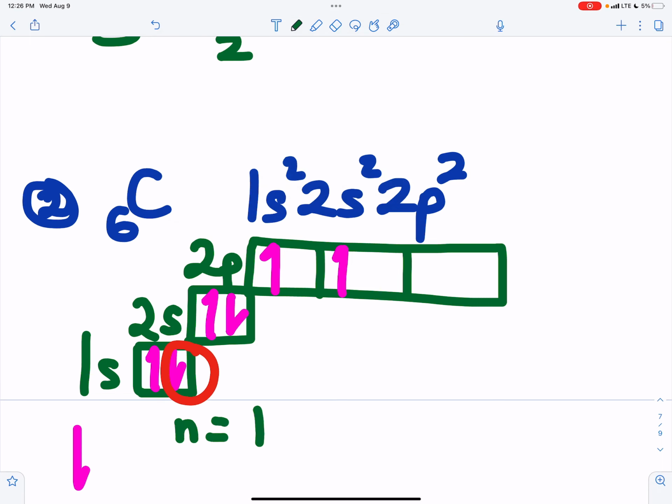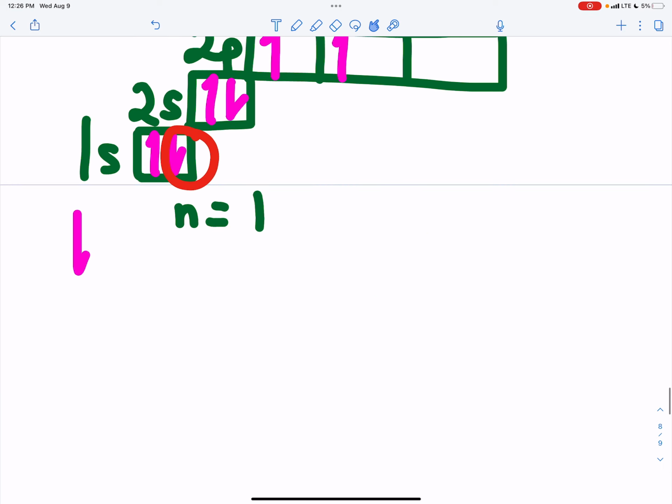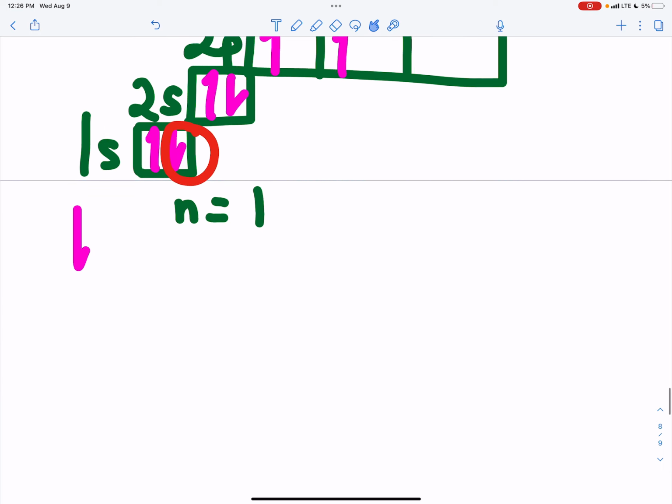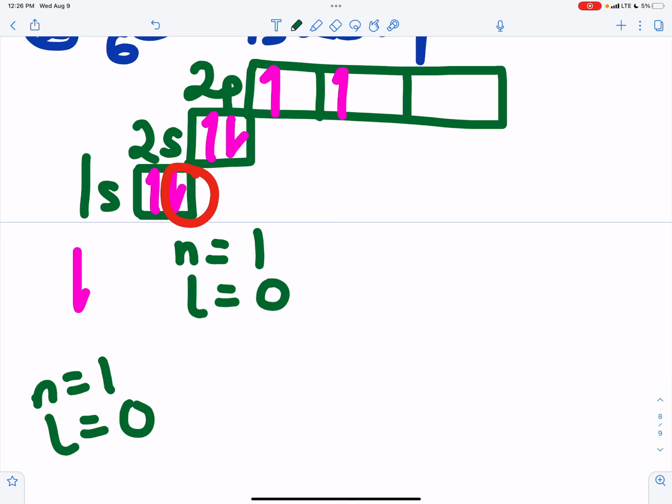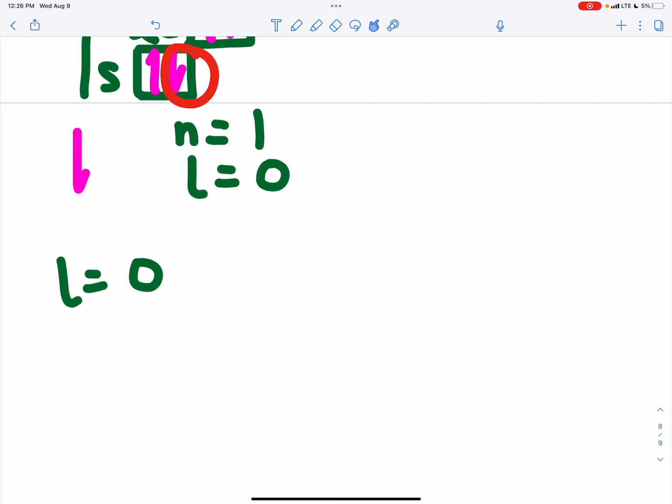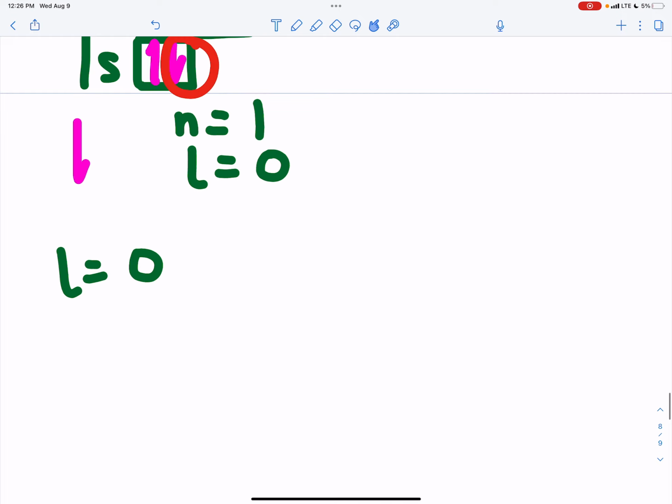N is 1. It's in the first shell. Now, when n is 1, remember, the only possible value of L is 0. So its subsidiary quantum number will be 0, because there's only one subshell in the first shell. Now, when L is 0, the values of M, which are the magnetic quantum numbers, are derived from the value of L. When L is 0, M is also 0.